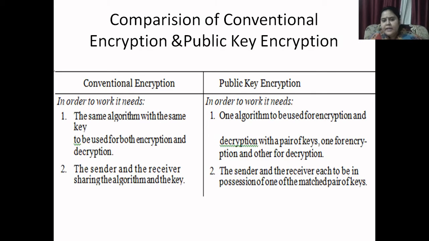In public key encryption, one algorithm is used for encryption and decryption with a pair of keys, one for encryption and the other for decryption. The sender and the receiver must each be in possession of one of the matched pair of keys.